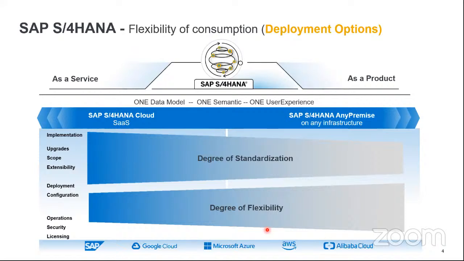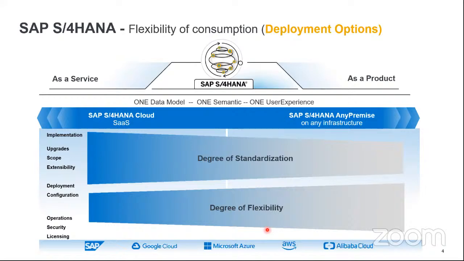So we go as is, what we provide. Customers who are primarily looking to adopt standard business processes can definitely go for the cloud option. However, the advantage of going with S4HANA any infrastructure is that you get a higher level of flexibility, which is not there in the cloud option.